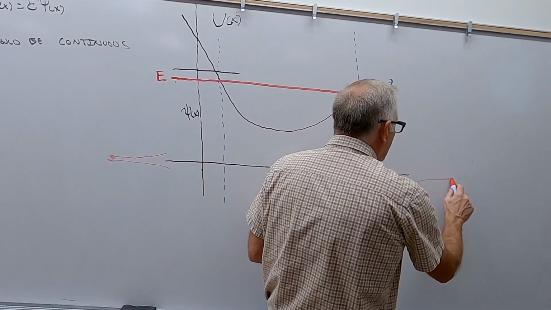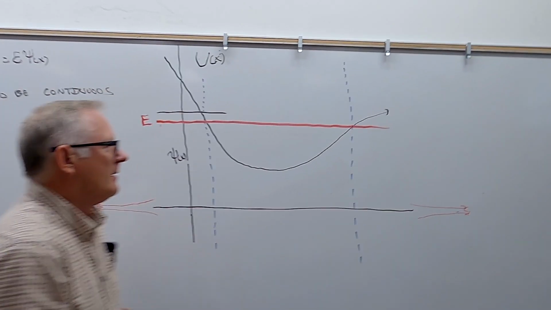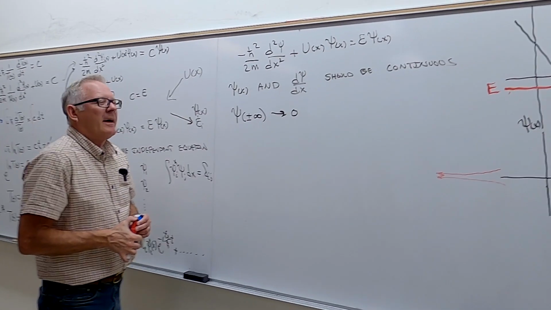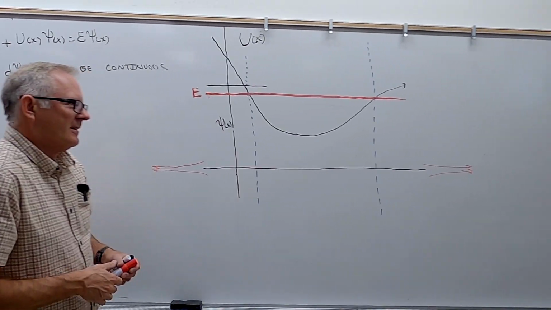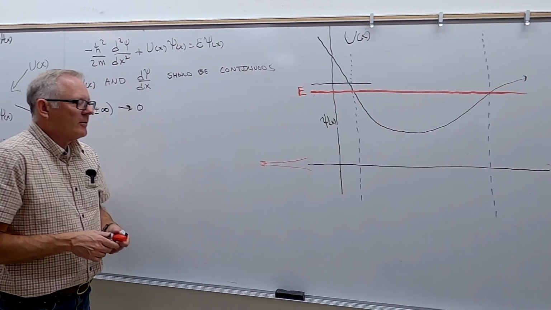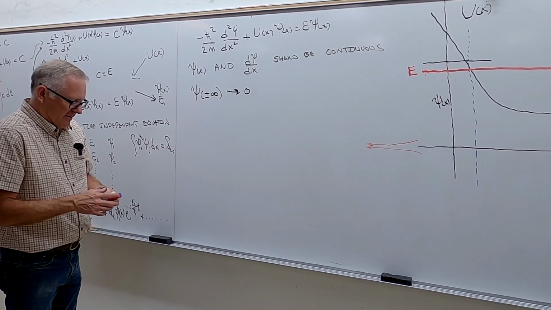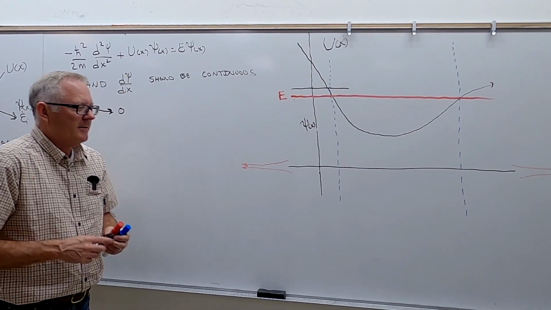Independent of what this picture looks like, as long as it's bound. If you're free, then everything's off, but we're always going to be bound here. Okay, so now we've got that. Now we just need to figure out what happens in between these two.